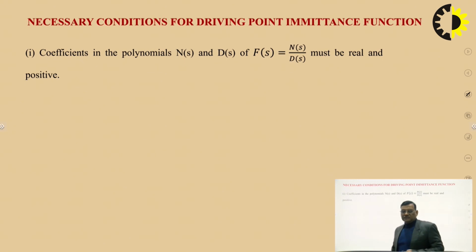Now we are going to discuss the necessary conditions for a network function to be a driving point function, or we can say the restrictions on the location of poles and zeros.